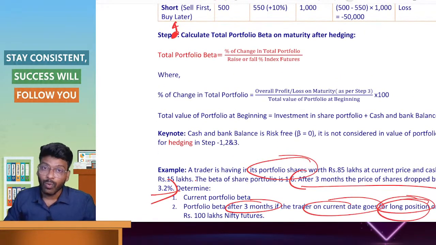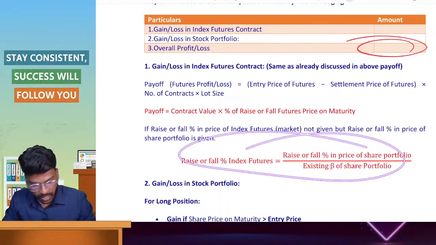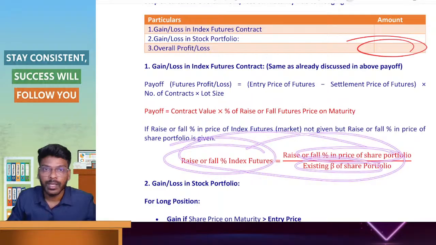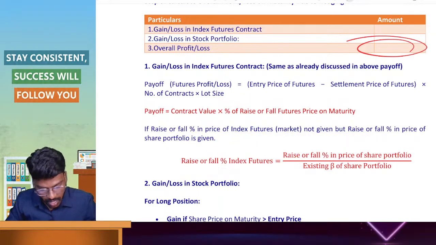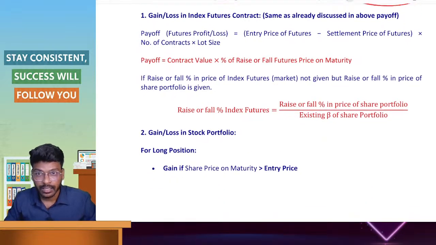So what is the fall percentage of market? Fall percentage of market should be computed using this formula. We have this value, we have this value. This is my balancing figure. I have a fall percentage of share portfolio, that is 3.2%.